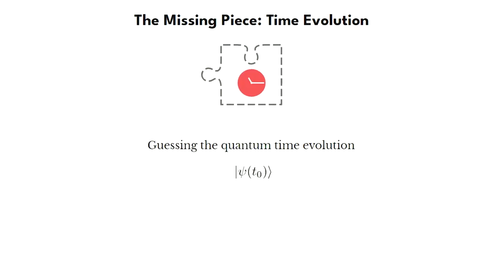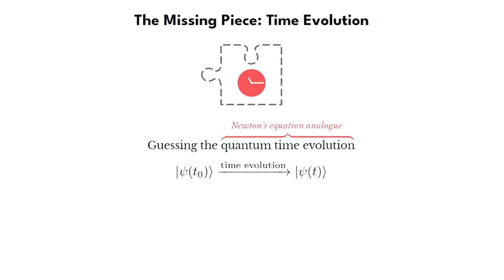Now let's ask how we construct these quantum time evolutions. We know that quantum time evolution is nothing but bringing you from an initial state to another state, and it follows a very similar spirit to Newton's equation analog. Newton's equation tells you how the object evolves through space-time.